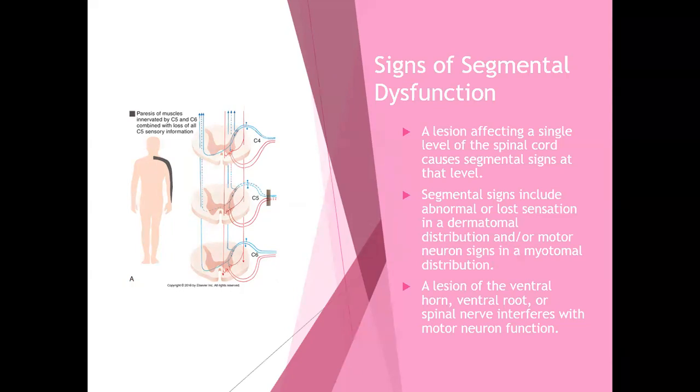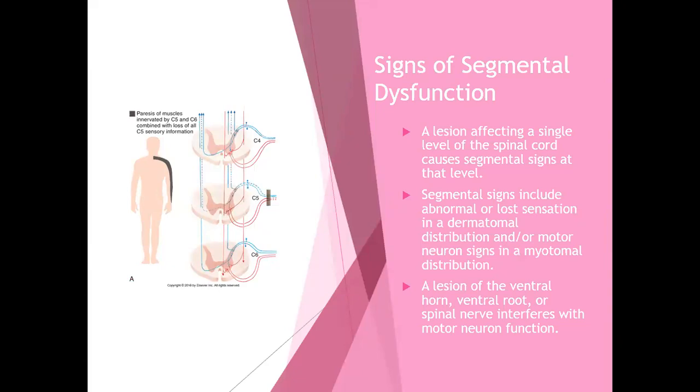We talked about in the peripheral system, a dermatome is the cutaneous area that's innervated by a single spinal segment. The myotome is the muscles that are innervated by a single spinal segment. If you have signs in a dermatomal or myotomal distribution, that is a sign of segmental function. If you have them in a peripheral nerve distribution, that's a sign of peripheral dysfunction.